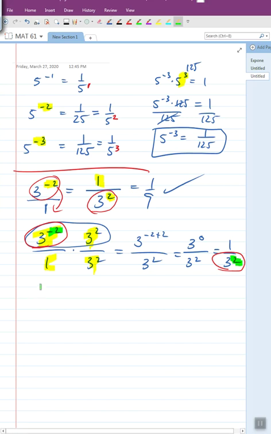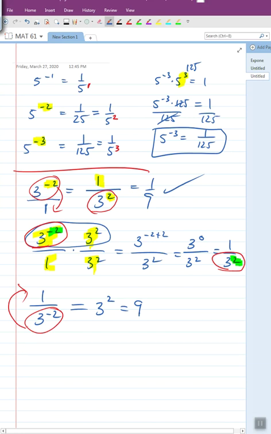Notice that that's also true if you start with a negative exponent in the bottom. What is 1 over 3 to the negative 2? It's the same thing as what if you moved it to the top? Right?